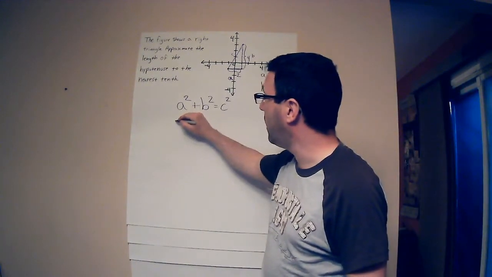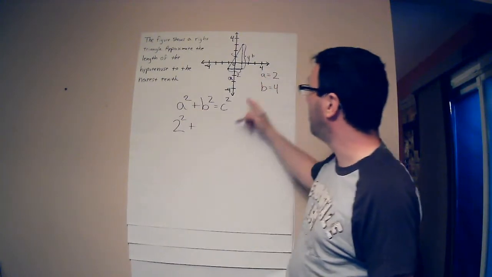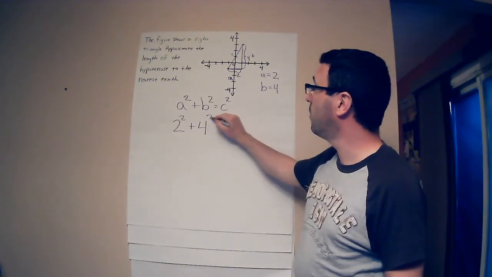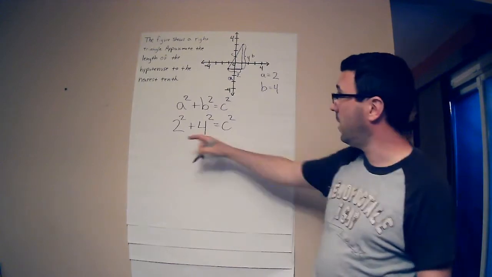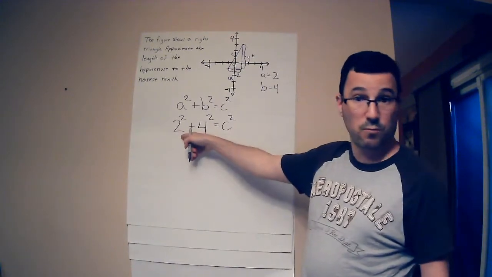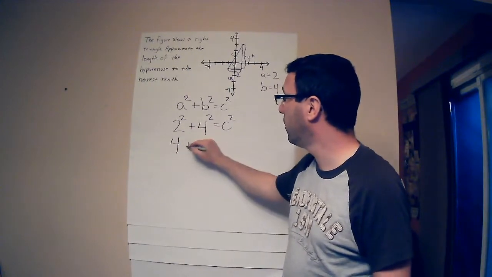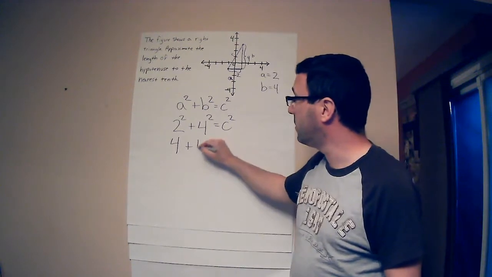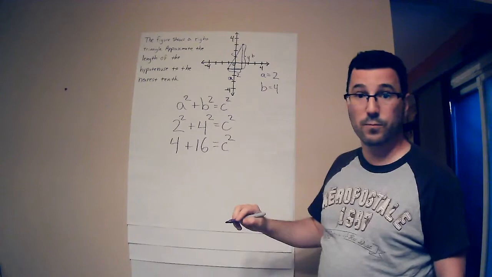So A is 2, so I have 2 squared, plus B is 4, so we have 4 squared equals C squared. Okay? So we got 2 squared. 2 squared is 4. 4 squared is 16. Equals C squared.